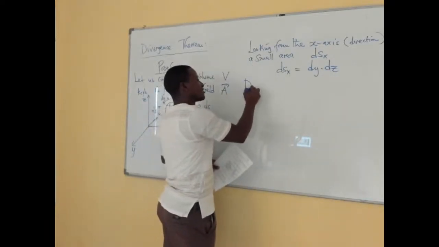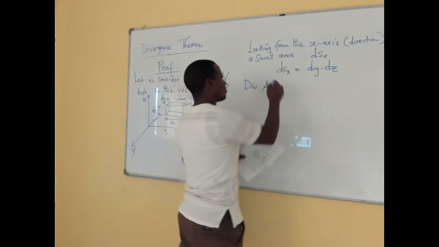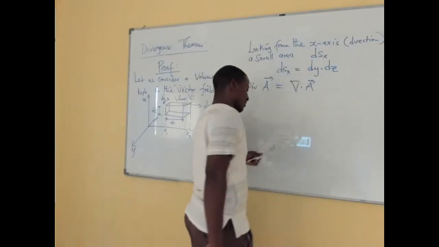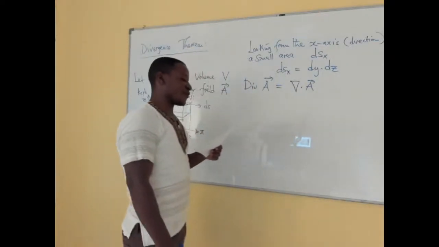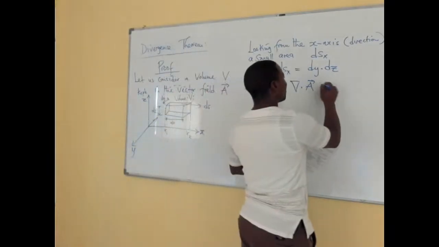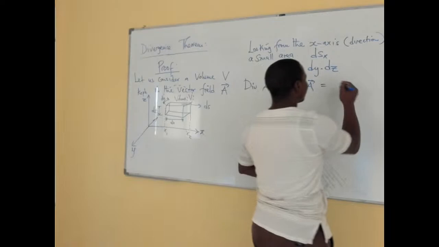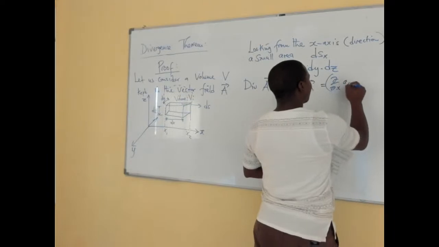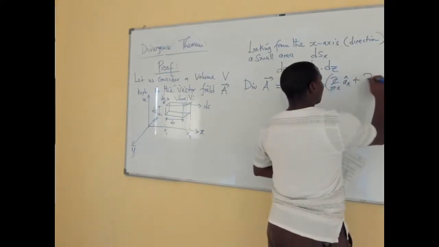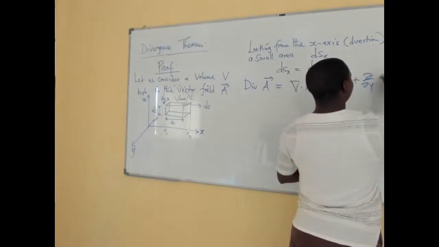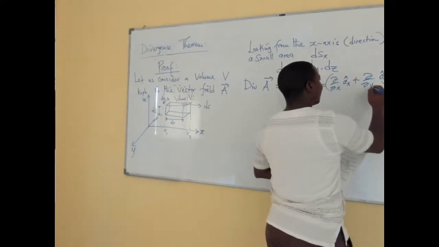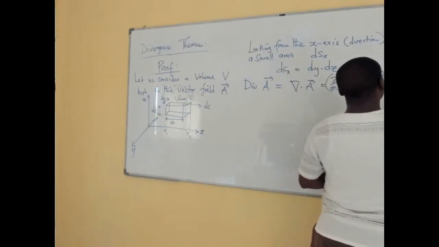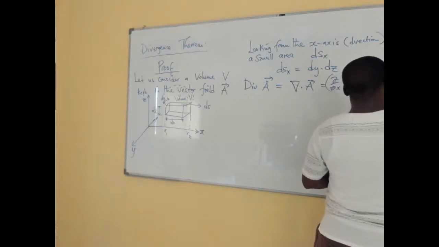Now, the divergence of A, remember from our previous definition, we had written this as del dot A. This must be equal to, we now have to write this in full: partial with respect to x multiplied by the unit vector x, plus partial over partial y multiplied by the unit vector in the y direction, plus partial over partial z in the z direction, right?